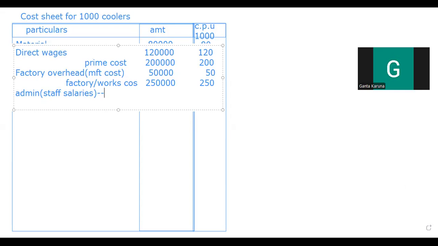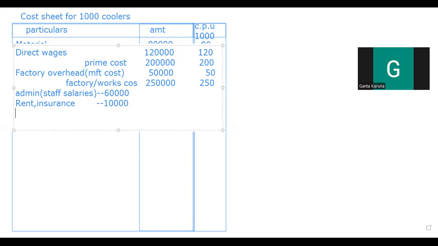That is staff and management salary, he gave me around 60,000. Instead of finding them separately, I'm trying to find out in a simplified manner. Then rent and insurance, around 10,000 he has given.